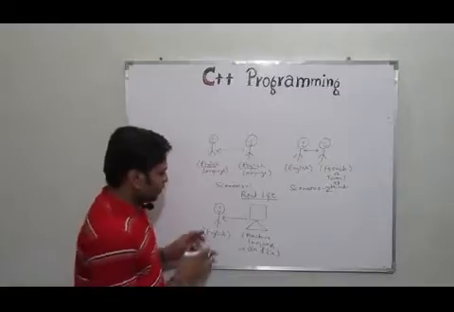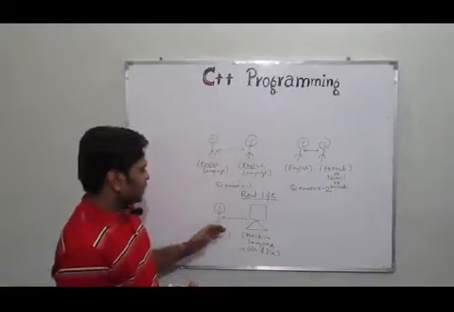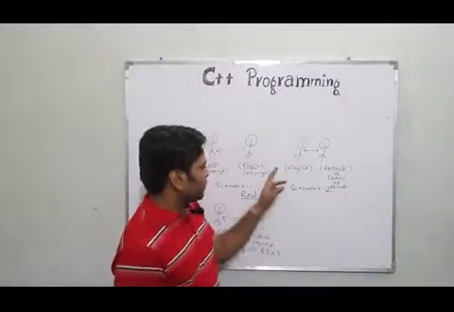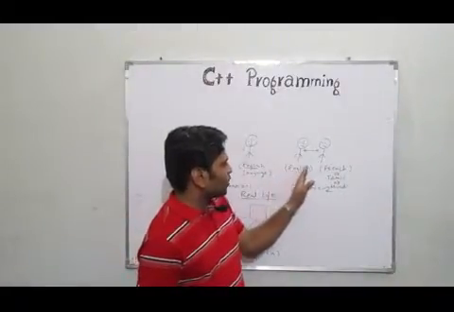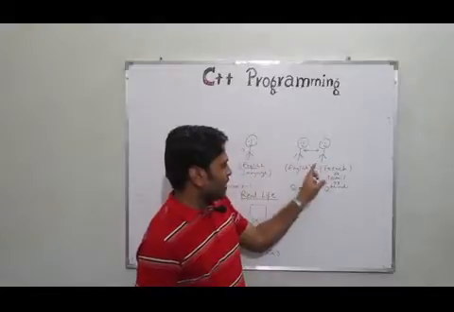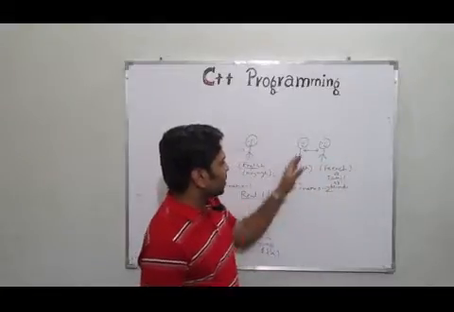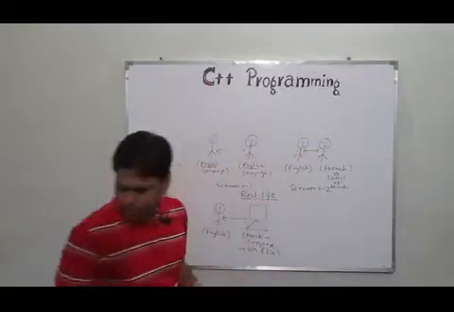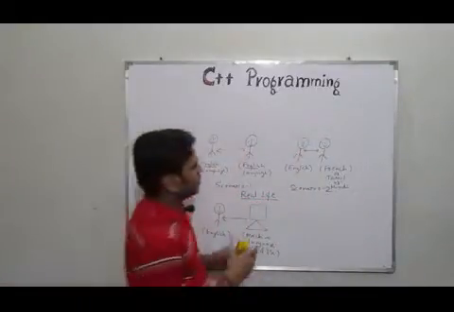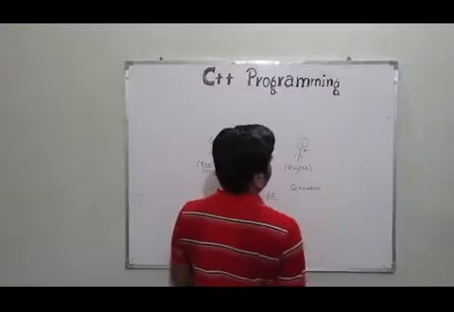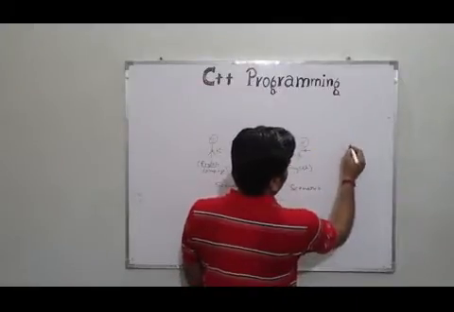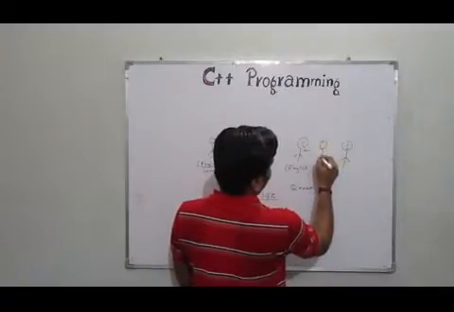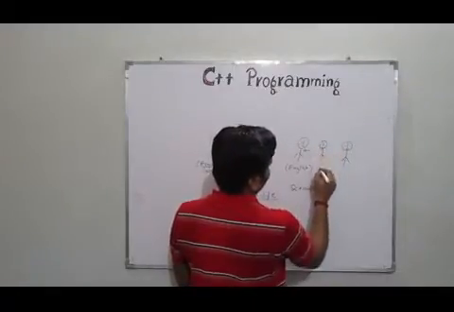If we compare this with the real life scenario, if this person is not able to communicate with a person who has knowledge of some other language, he or she requires some sort of interpreter. So here we require some sort of interpreter.